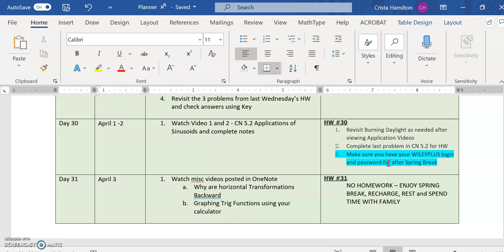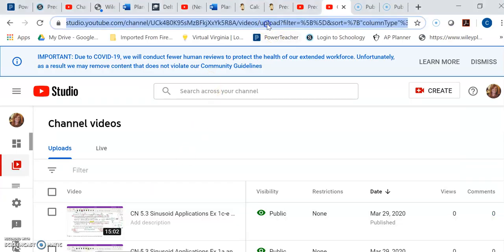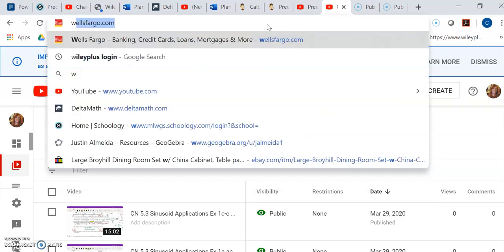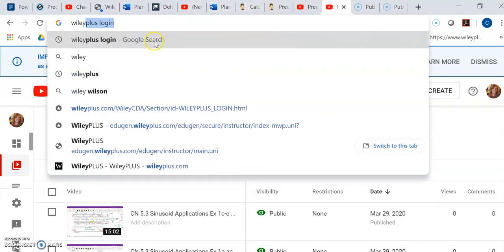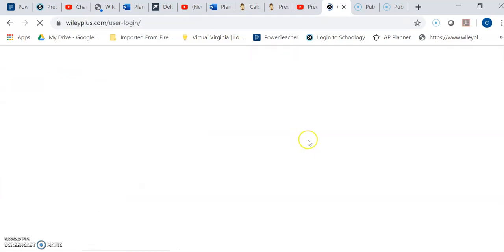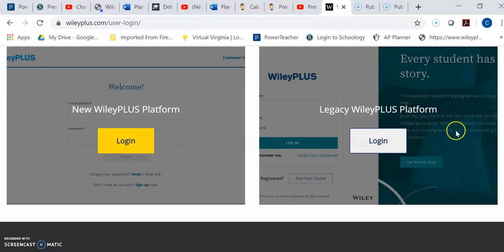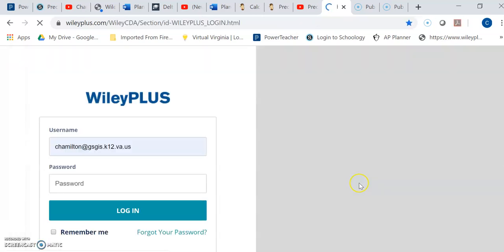Because the quiz that you're going to take is going to be open notes, but it's going to be through Wiley Plus. So go ahead and make sure that you have your Wiley Plus login. One thing that I will note about Wiley Plus, let me go to it really quickly for you guys. When you go to the login page, I'm going to remind you that we're doing this Legacy Wiley Plus platform, so you'll log in there.